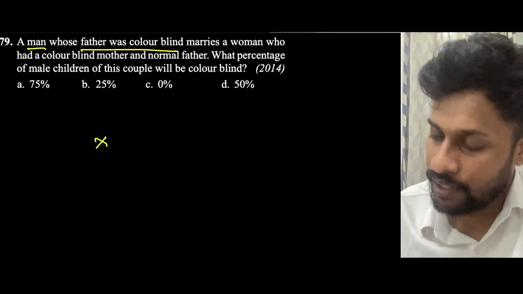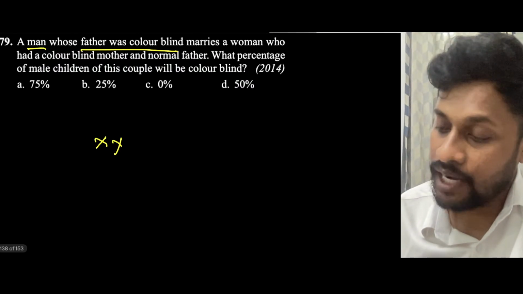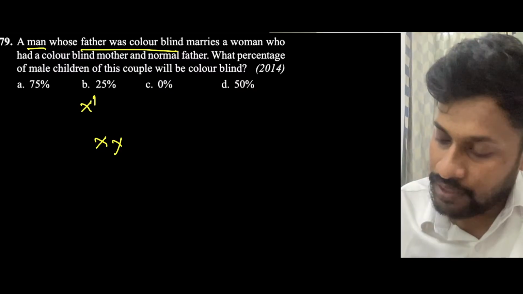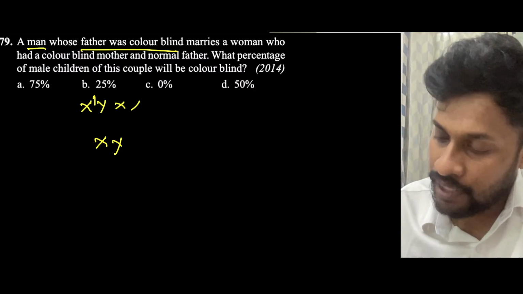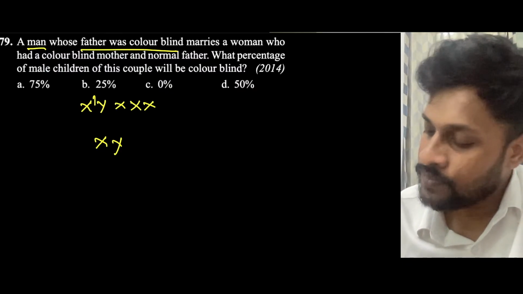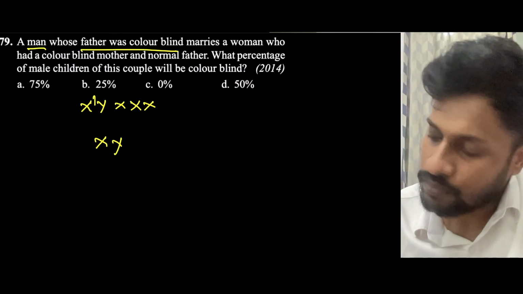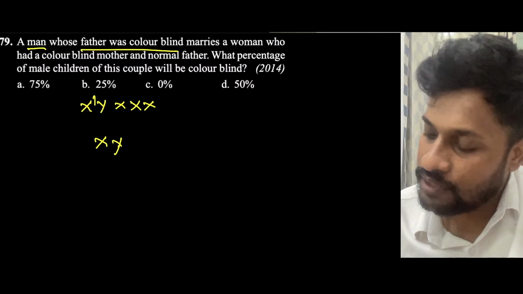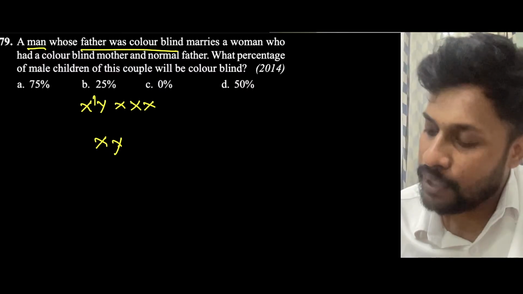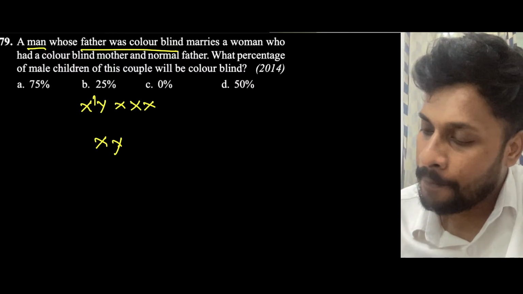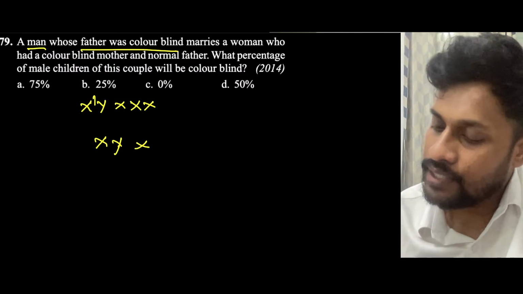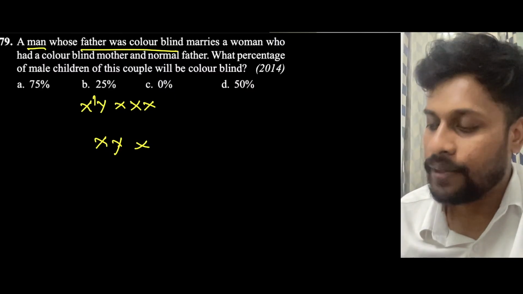Man means XY. Whose father was colorblind means what? Father is X dash Y. Let me take mother as normal. So he will get this Y from father, X will be from mother. So this guy is normal XY only.